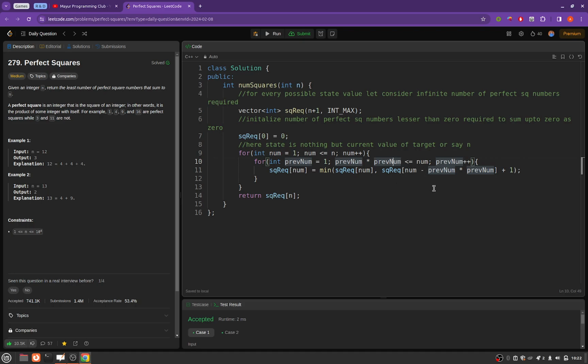All the perfect squares that are lesser than the current number will be the previous numbers that would be possible. Okay, so you will be updating your squares required. You will be taking minimum of these two, the current value of your squares required and the contribution from the previous state.